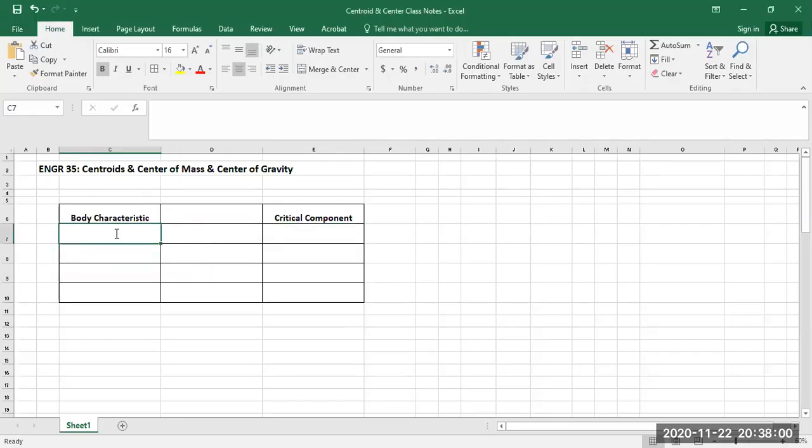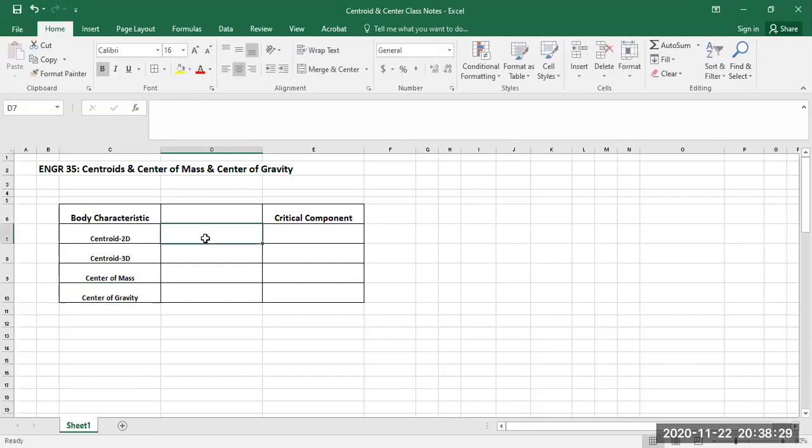So here we're typing in centroids 2D, centroids 3D, and then center of mass, and center of gravity.